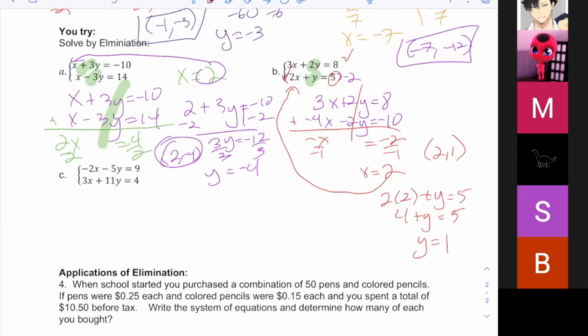Oh, because you made it a negative 27. That's 35. 7y equals 35. Because I multiplied it by a negative 2.